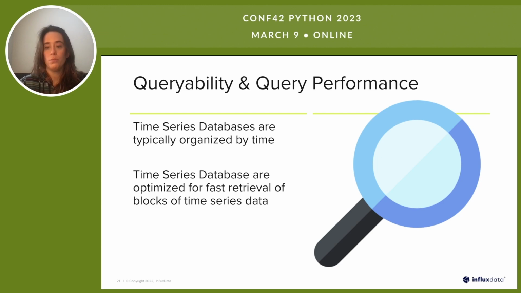This wouldn't always be the case if time is just being stored in one column in a relational database, for example, by contrast. So when analyzing time series data, you typically want to look at a range of data, and because of its organization within a time series database, this becomes a really quick operation.